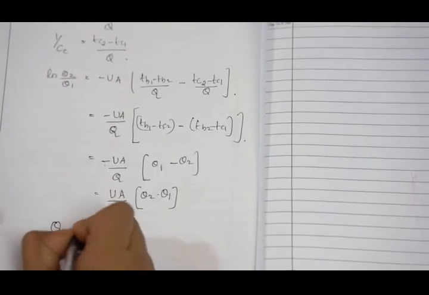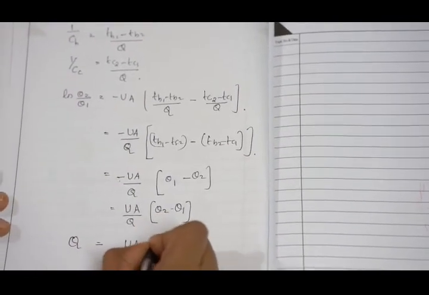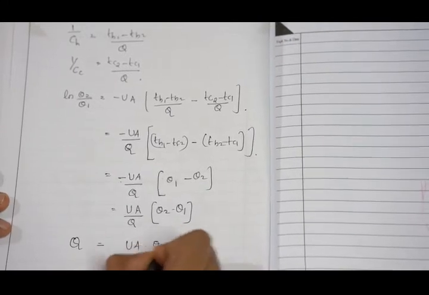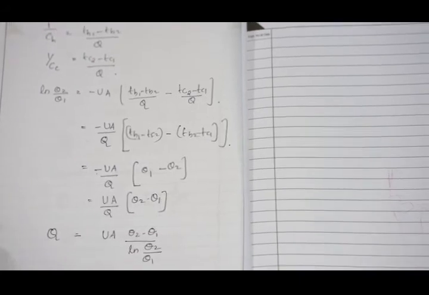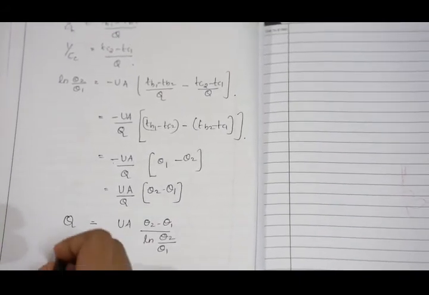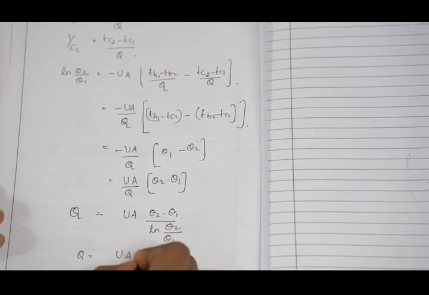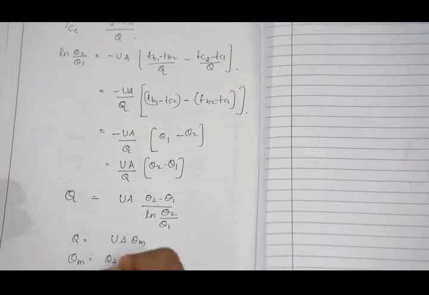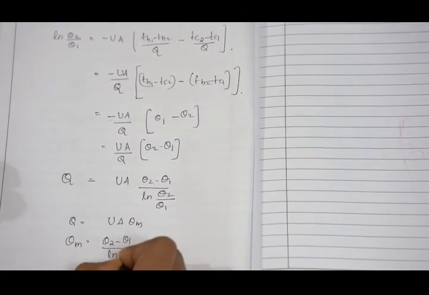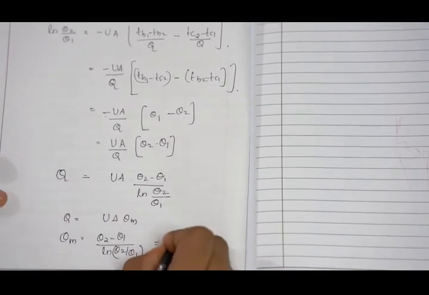So heat transfer Q is equal to UA into theta 2 minus theta 1 divided by ln of theta 2 by theta 1. We all know that Q is equal to UA into theta m, where theta m is equal to theta 2 minus theta 1 divided by ln of theta 2 by theta 1, which is the LMTD for the counterflow heat exchanger.